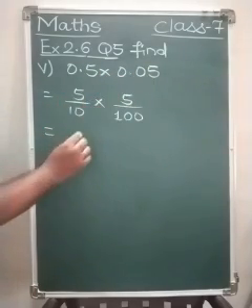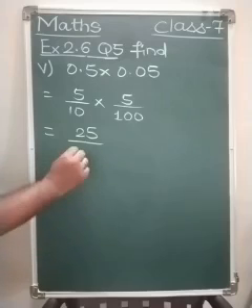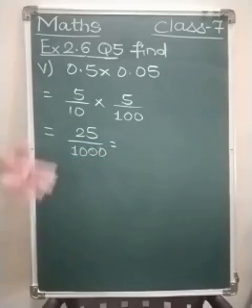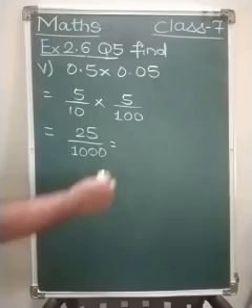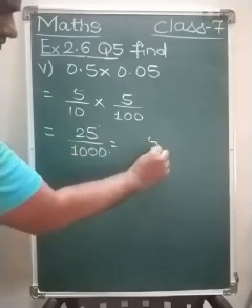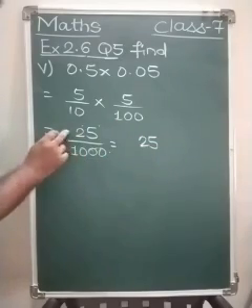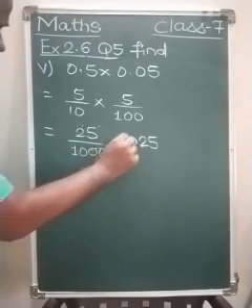Now, numerator multiplied by numerator, 25 upon 10 multiplied by 100, the answer would be 1000. Okay. Convert this fraction into a decimal number. For this 5, for this 2, for this 0, no number is there, so 0 would be as it is. 1 comes, decimal point, and 0.